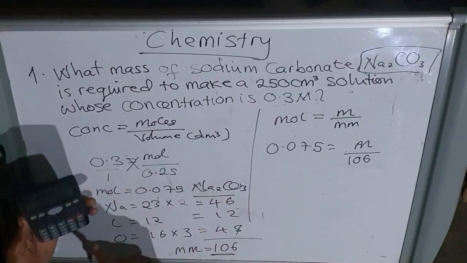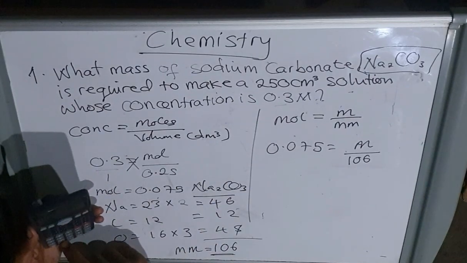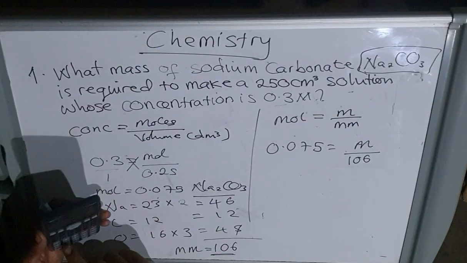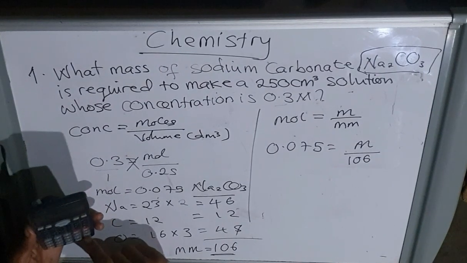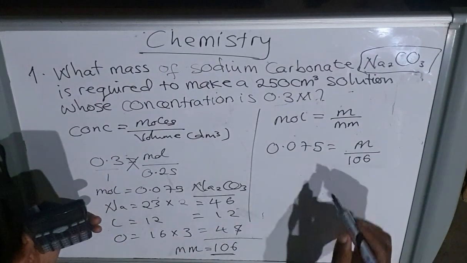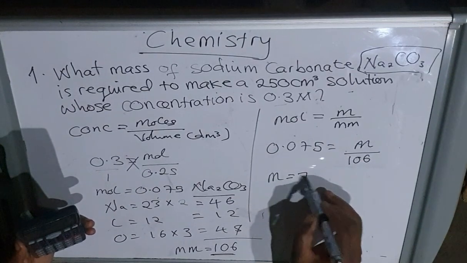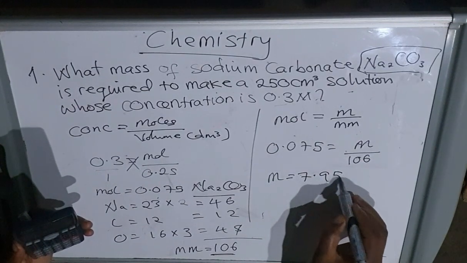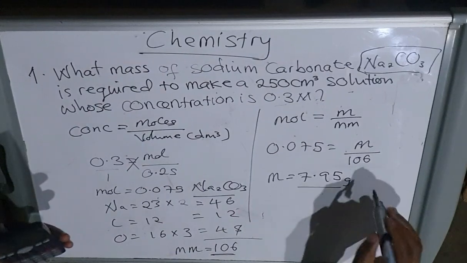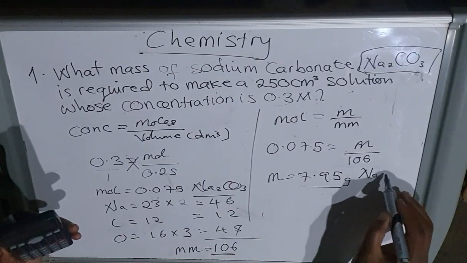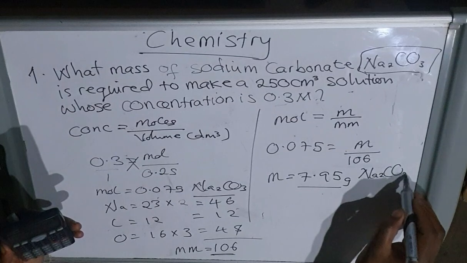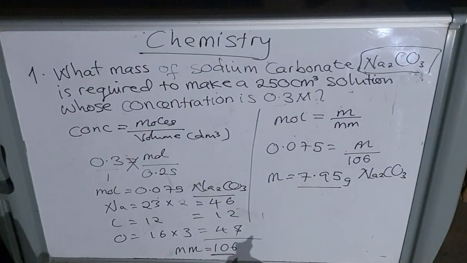So we have 106 times 0.075. It is giving us a mass equal to 7.95 grams. So this is the mass of sodium carbonate which is required to prepare 250 cubic centimeters whose concentration is 0.3.